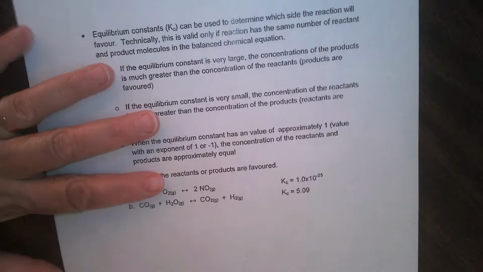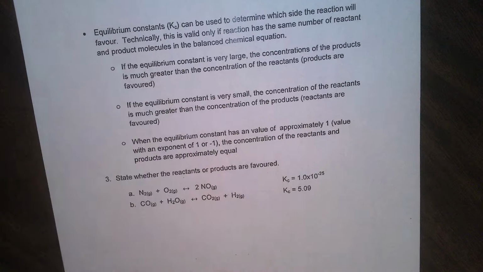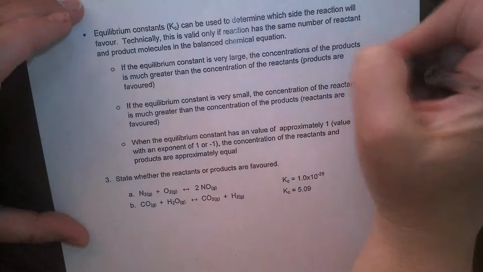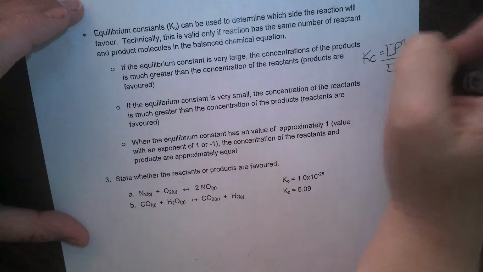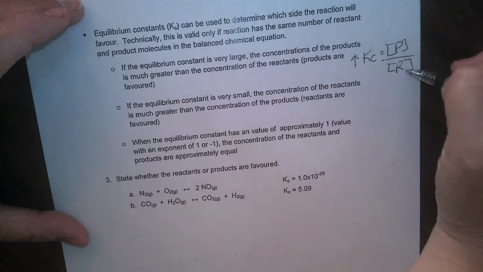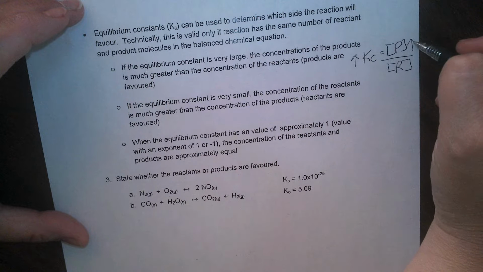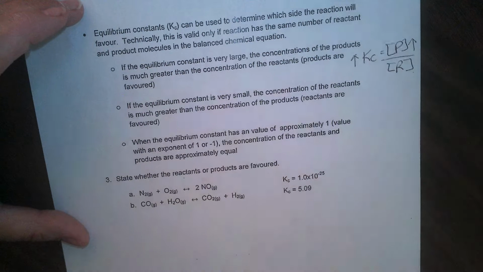Okay, equilibrium constants can be used to determine which side of the reaction will be favored. This is only if you have the same number of reactants and product molecules in the balanced chemical equation. So if the equilibrium constant is very large, the concentration of the products is much greater than that of the reactants, right? So Kc is equal to products over reactants. In order for this constant to be large, the products either have to be large or the reactants have to be small.